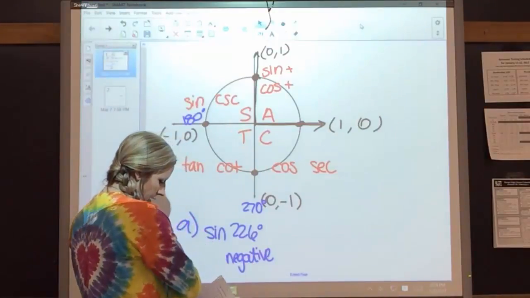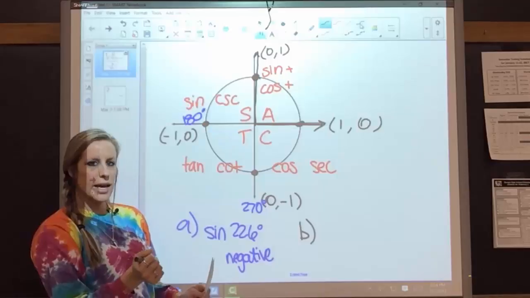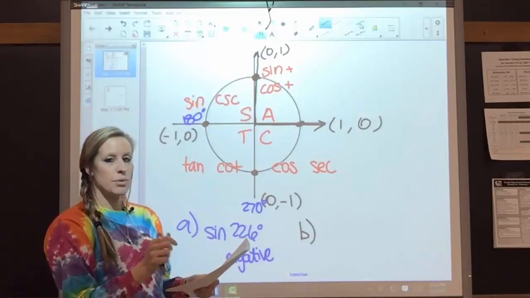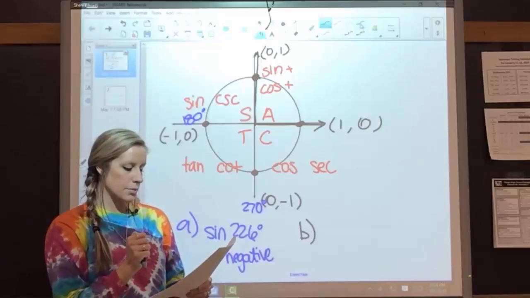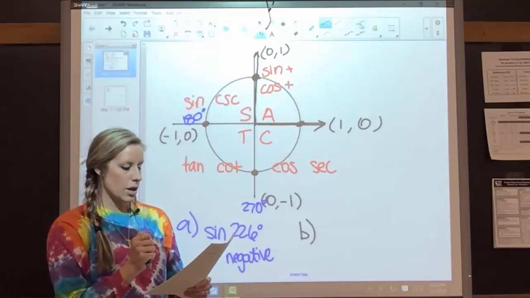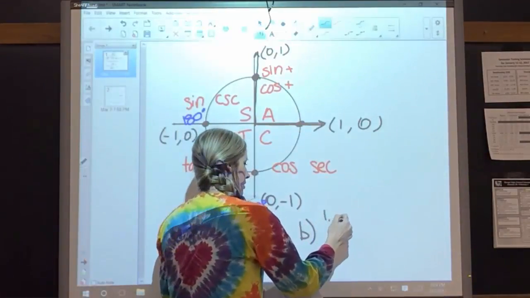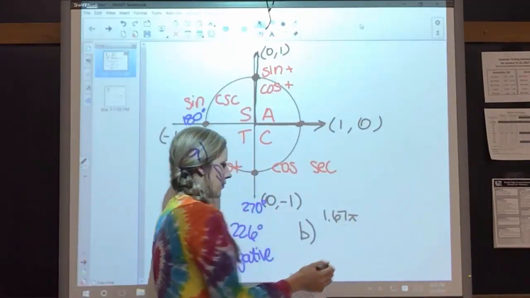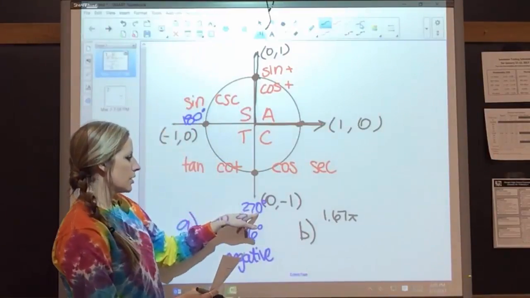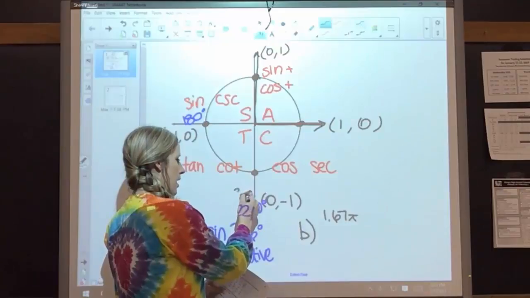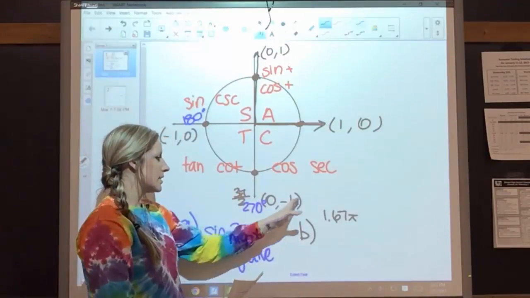Okay, part B, 5 pi over 3. If you're not sure what quadrant that is in, what I do is I put 5/3 in the calculator and get a decimal. So that would be 1.67 pi. So it's going to be past 1. 270 degrees is 3 pi over 2, which is 1.5. So it's going to be past that.